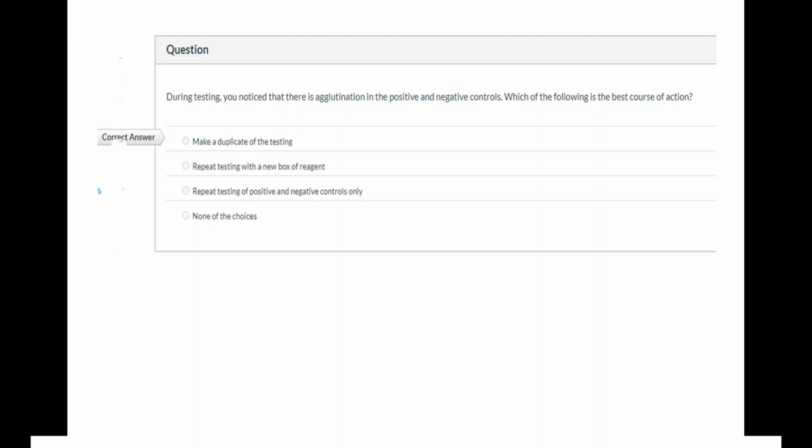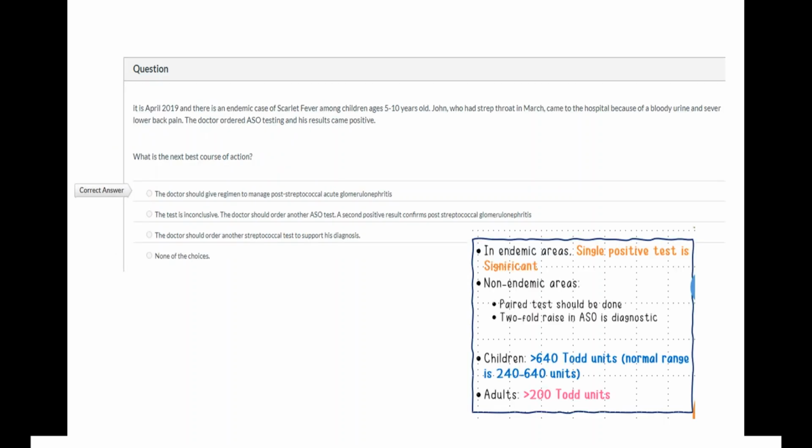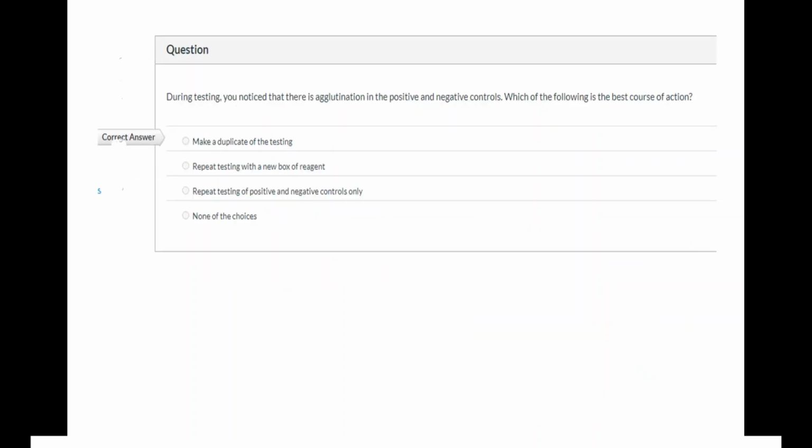During testing, you noticed that there is agglutination in the positive and negative controls. Which of the following is the best course of action? For this question, the keyword here is agglutination in the positive and negative controls. We have discussed that your negative and positive controls are used during testing for quality control check.